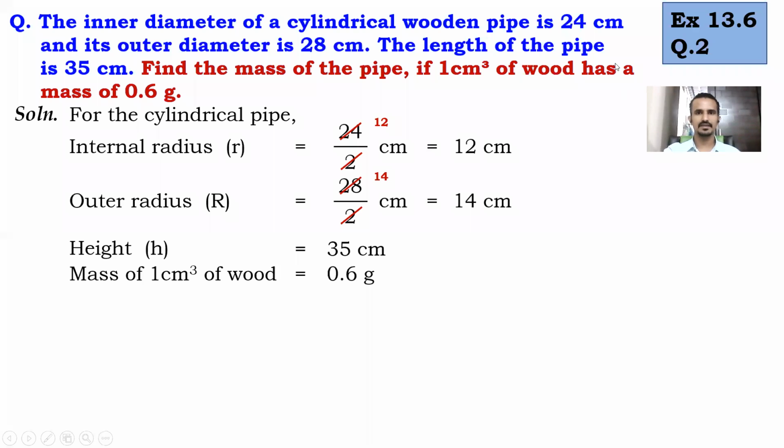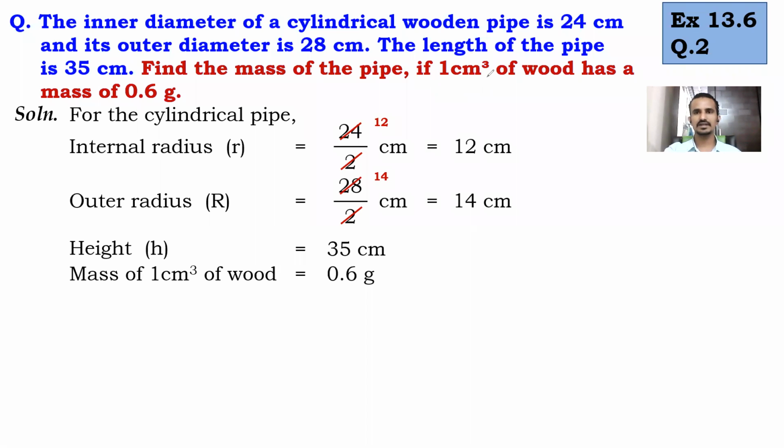Now understand this. Here it is clearly mentioned that 1 centimeter cube of wood. Centimeter cube is the unit of volume. And remember, the volume is always directly proportional to the mass. Mass and volume are directly proportional to each other. So to find the mass, we have to calculate the volume of this cylindrical pipe.